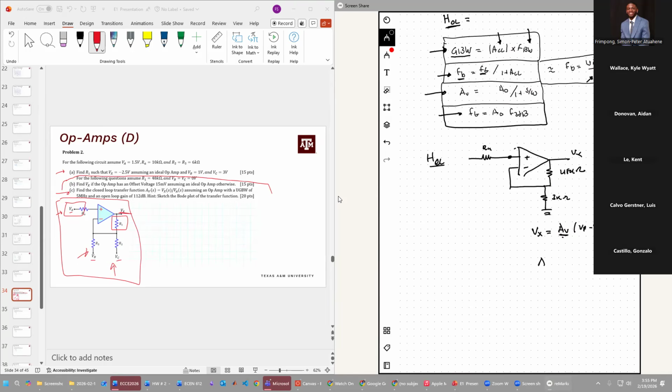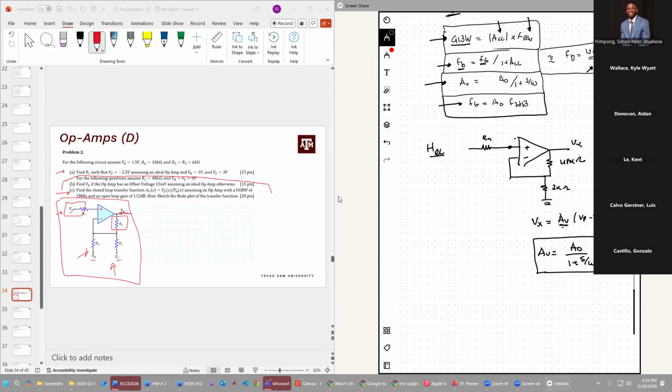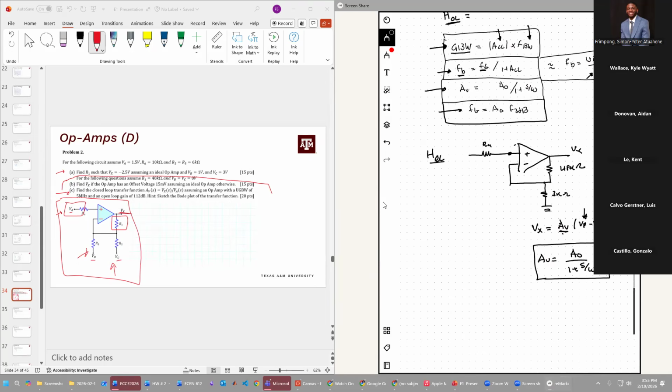And this is going to be the open loop gain divided by 1 plus S over omega B. So we need to find what Vp and Vn are because we no longer can say this. This is no longer true. So we need to define them separately.